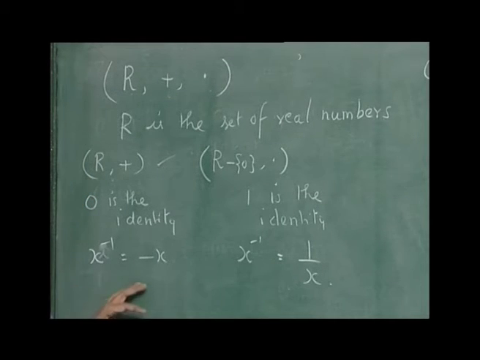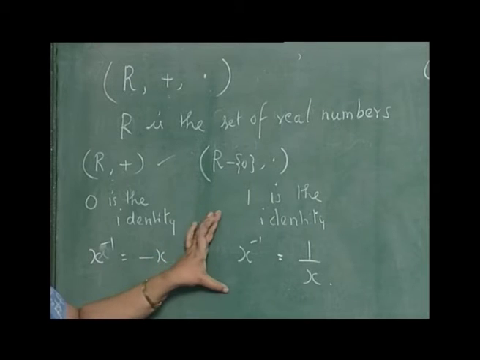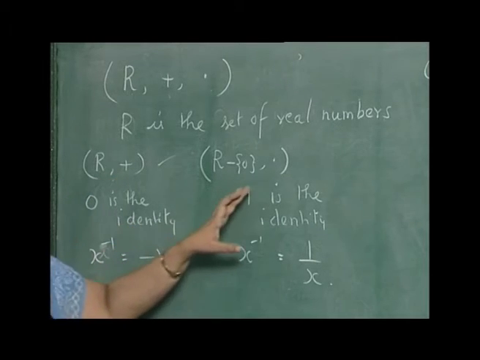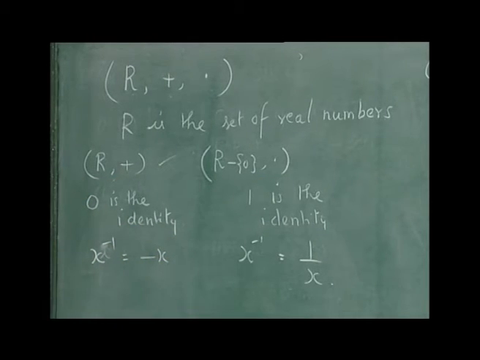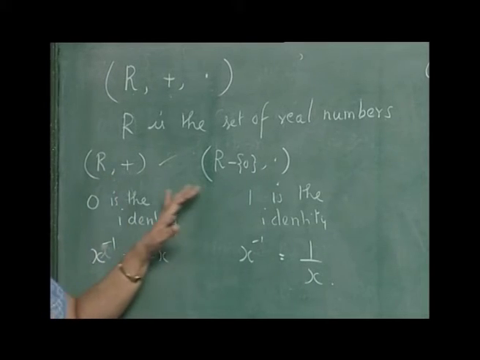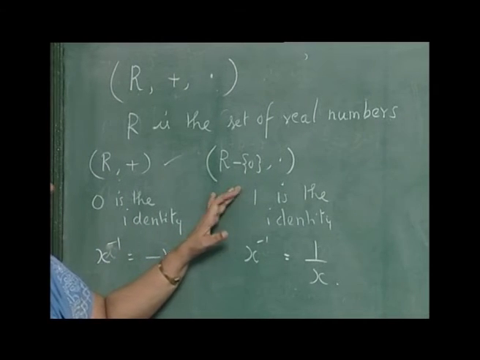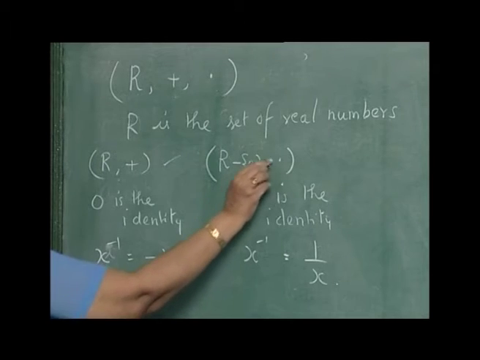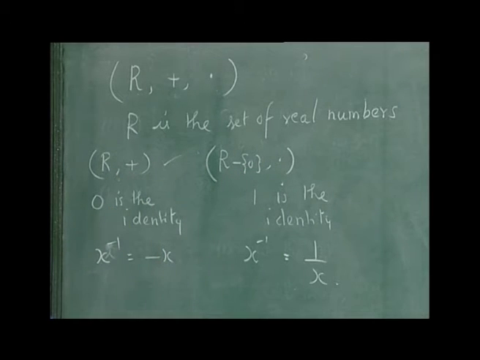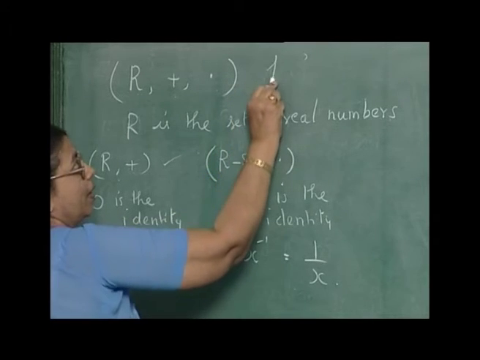So, inverse exists. So, this is again an abelian group. Both addition and multiplication are commutative operations. So, this is an abelian group, this is an abelian group, and you know that multiplication is distributive with respect to addition. So, the third condition is also satisfied. So, this is an example of a field.